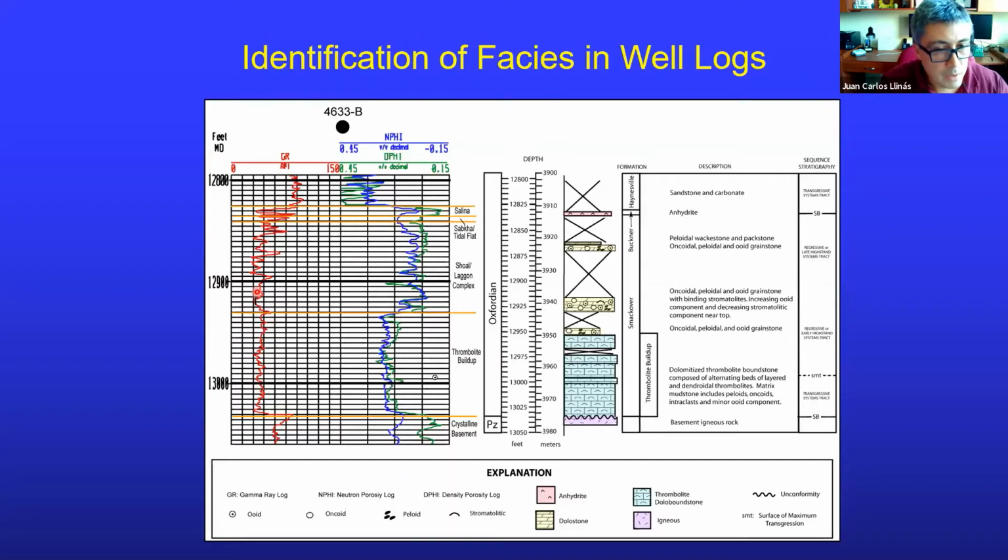And in the muddy sections like the lagoon, you see that the porosity numbers go to the right of the scale.